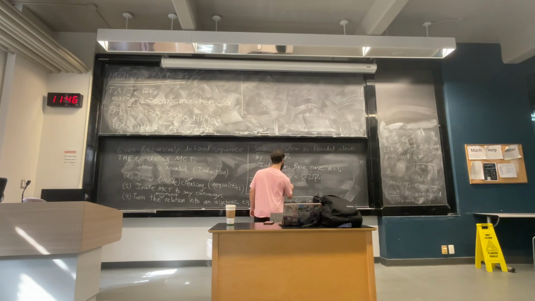Here we're going to assume it holds for yn. Assume yn is bounded above by this 1 plus 2 root p.